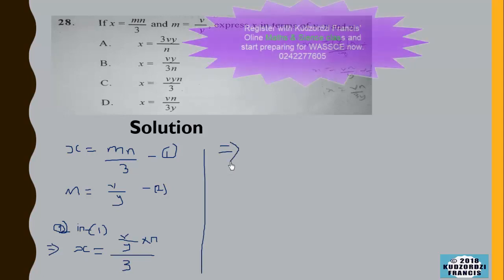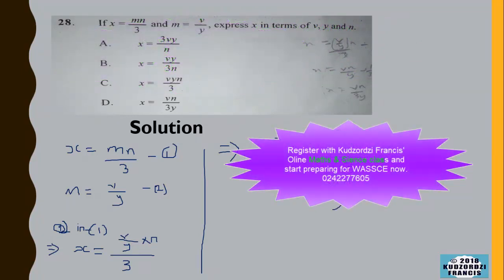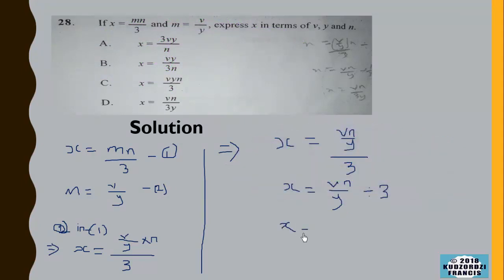So we just simplify this. We get x equal vn over y all over 3. So it is same as v over y divided by 3. So we have vn over y times 1 over 3, which is vn over 3y.